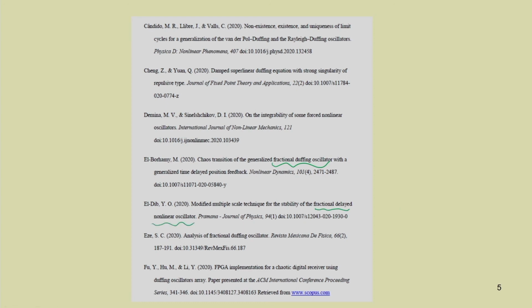Then analysis of fractional Duffing oscillator, FPGA implementation for a chaotic digital receiver using a Duffing oscillator array. So, these Duffing oscillator equations can be applied to almost all fields of engineering and science. In biological systems also you can apply them or model some of the systems as a Duffing oscillator.